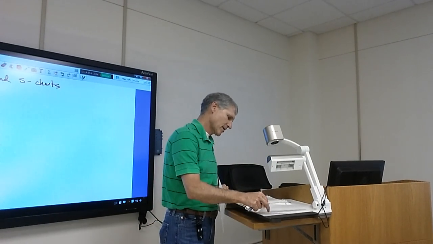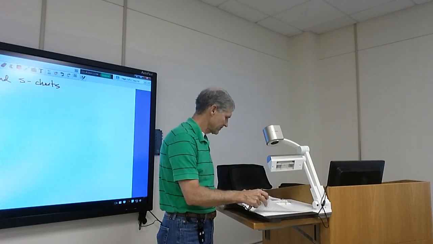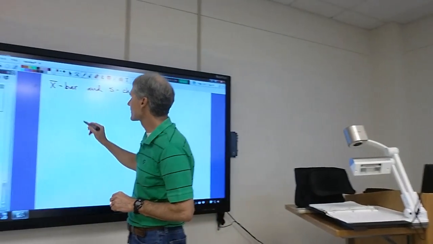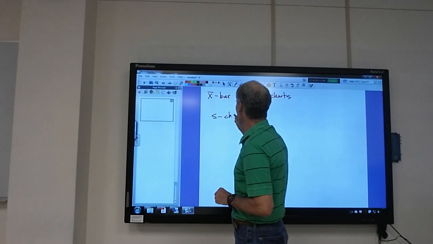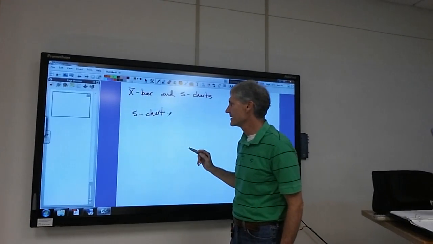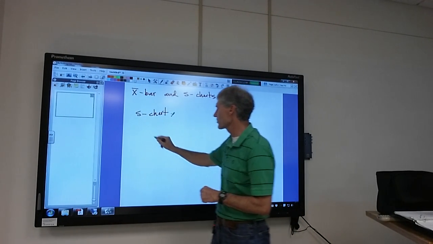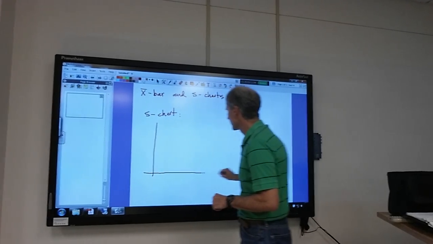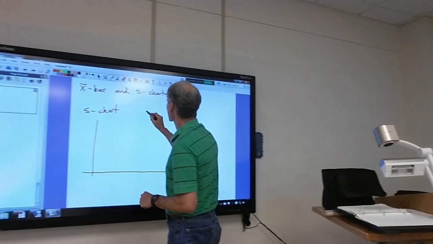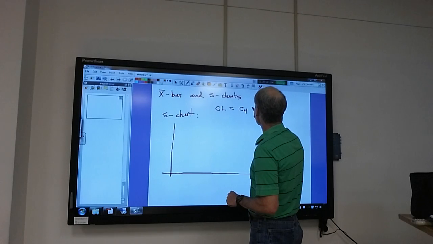Center line, and then upper and lower control limits. So if we start with an S chart, what'd you say? That's when you're out of control. But I'm just trying to set up the chart. So remember, in the chart, C sub 4 sigma, is that right? Okay, that's right. So the center line is C sub 4 times sigma.